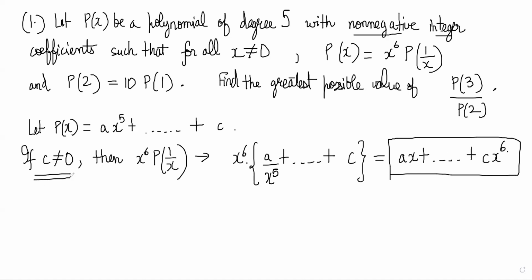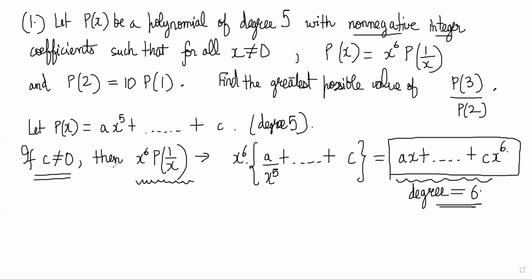So if c is not equal to 0, x power 6 p of 1 by x is a polynomial like this, which clearly has degree equal to 6, right? But p of x was having degree 5, right? P of x had degree 5, and here they are saying that p of x must be equal to x power 6 p of 1 by x. But two polynomials cannot be equal if they have different degrees, right?